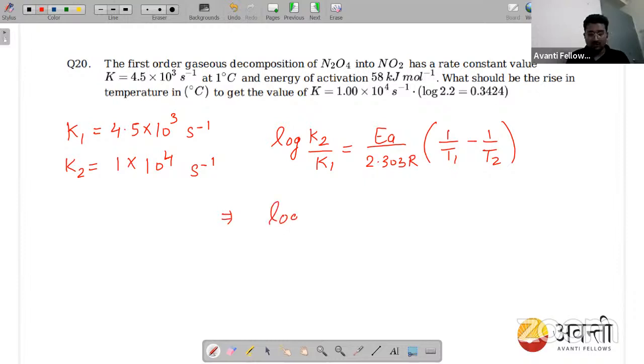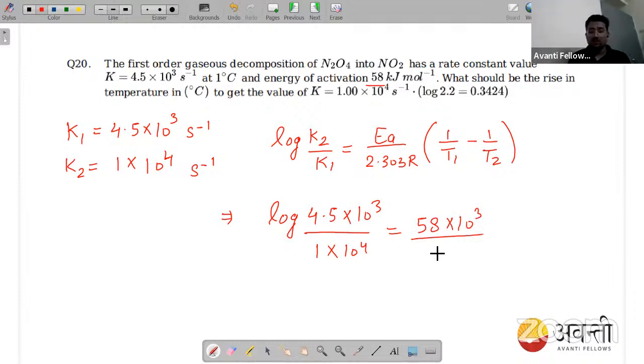So log of K2 by K1, here K1 is 4.5 into 10 to the power 3 and K2 is 1 into 10 to the power 4, equal to EA. Is EA given or not? Just check here. Yes, activation energy is also given, 58 kilojoule, 58 into 10 to the power 3 joules.